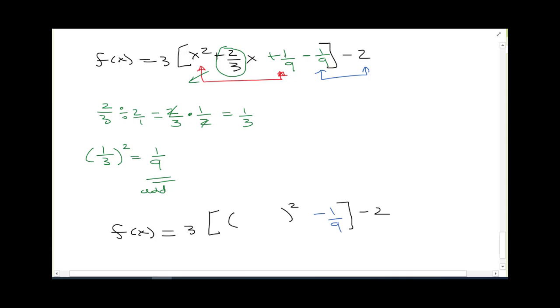Because you're looking for what two numbers multiply to 1/9 and add up to 2/3. This one is actually not too bad because you can say, oh, 1/3. But also remember what I said before, that whatever you get when you divide by 2, that's what goes in here. So I can just say this is x plus 1/3. So this 1/3 is what goes inside the parentheses.